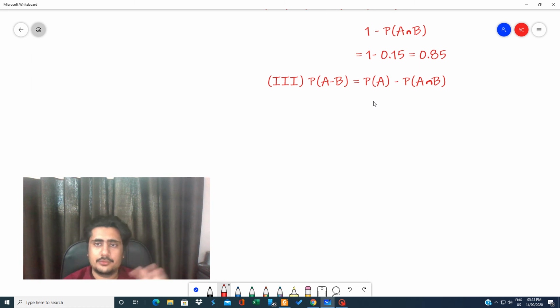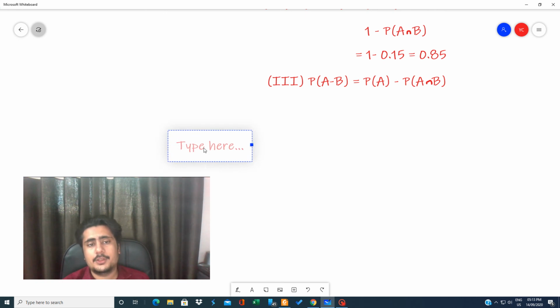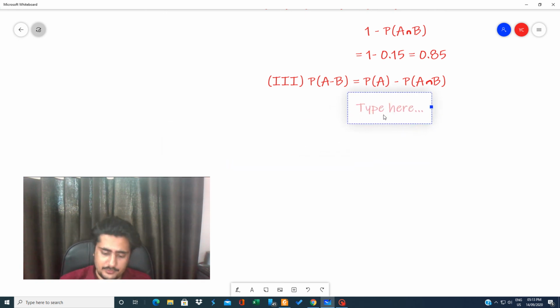P of A minus B is P of A minus A intersection B. Now, what is P of A? It is 0.6. What is P of A intersection B? It is 0.15. So your answer is 0.45.